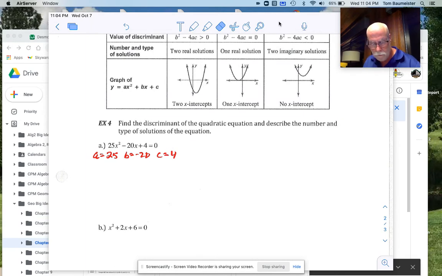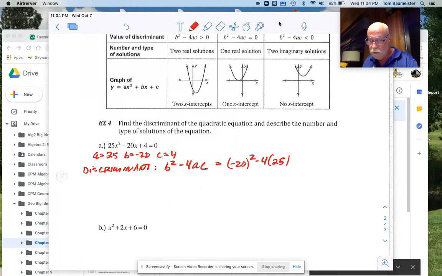Okay, so our discriminant again, which is b squared minus 4ac, is equal to negative 20 squared minus 4 times 25 times 4.